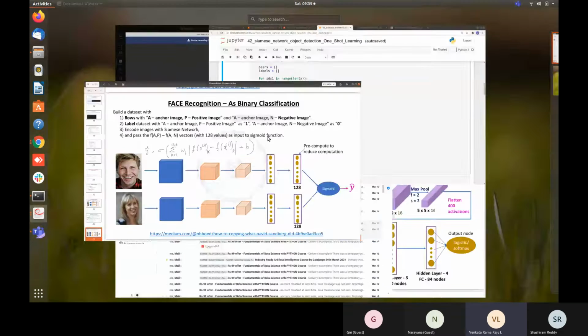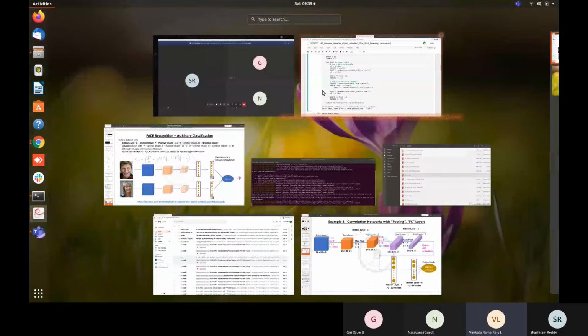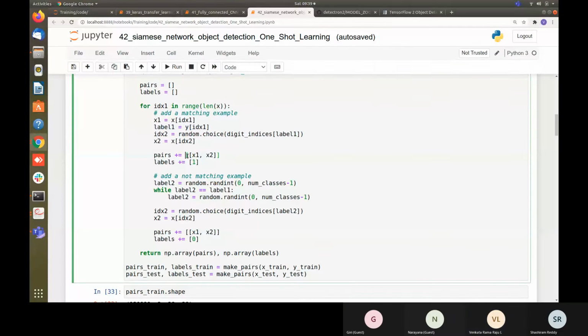A positive record means that, suppose I have taken a record belonging to 5, I have to take another record belonging to 5 only. See this here? I have taken a 5 image and then randomly chosen another 5 image and combined those two.